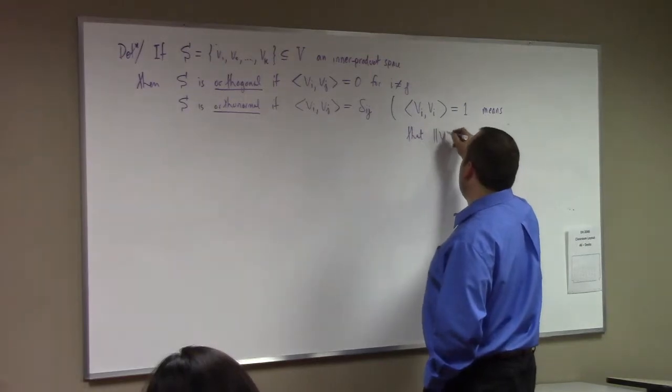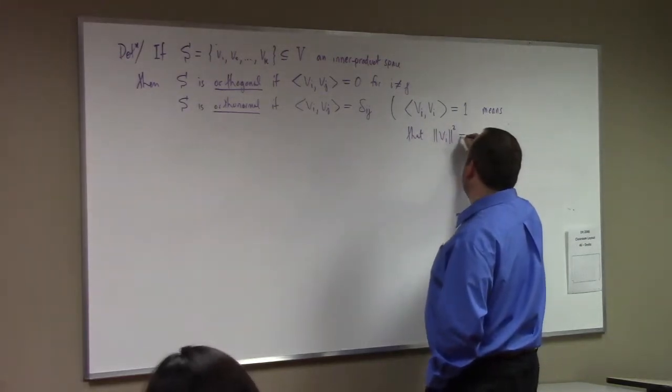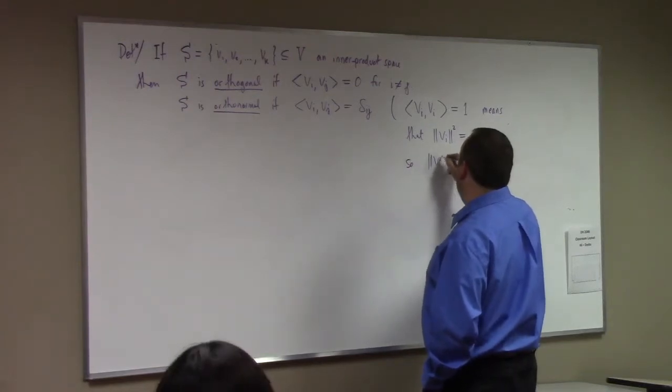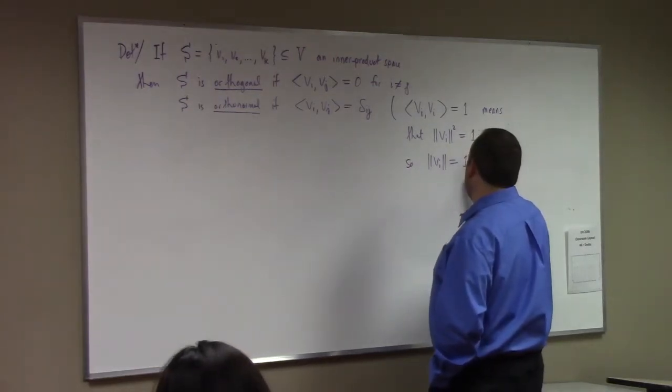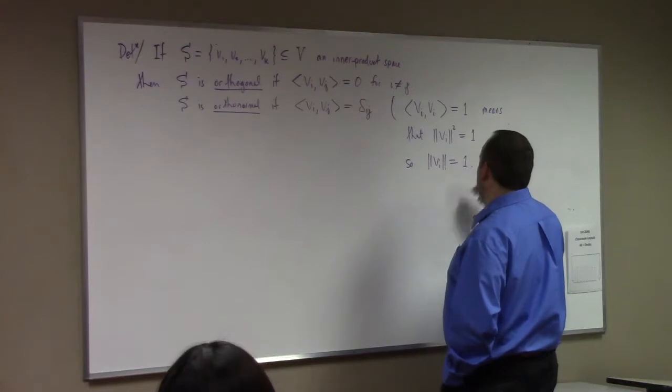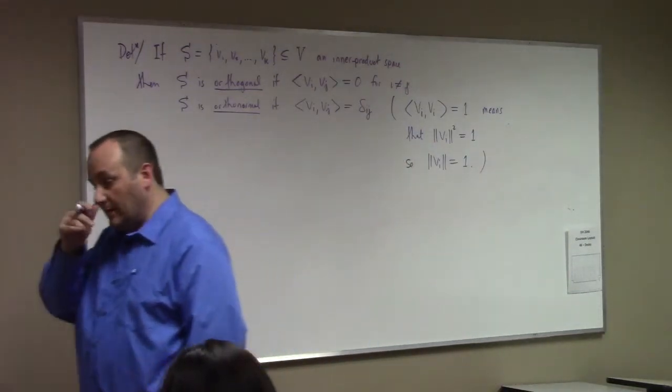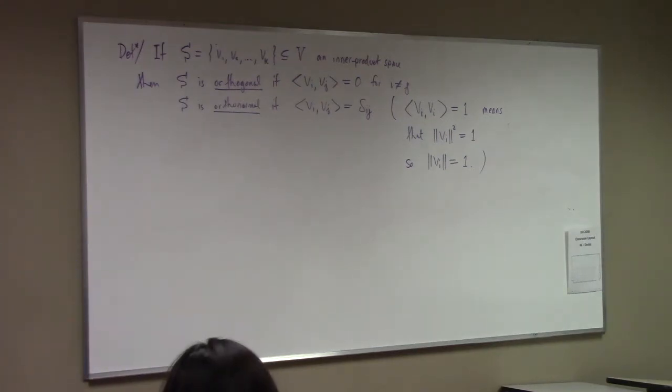The length of vi squared is equal to 1, so the length of vi is equal to 1. So an orthonormal set is an orthogonal set in which every vector has length 1.